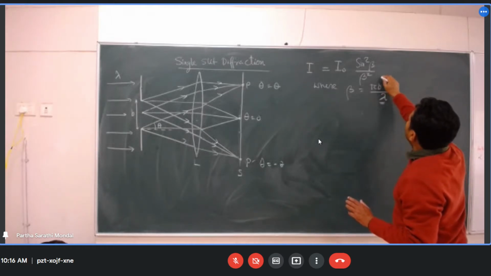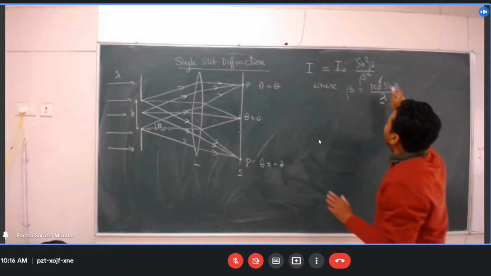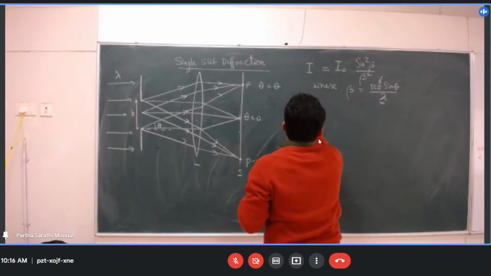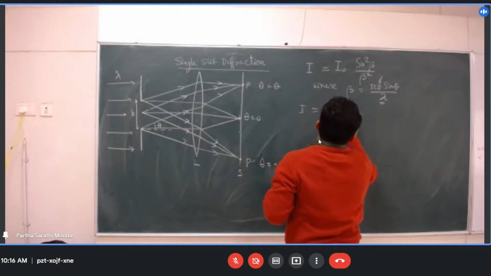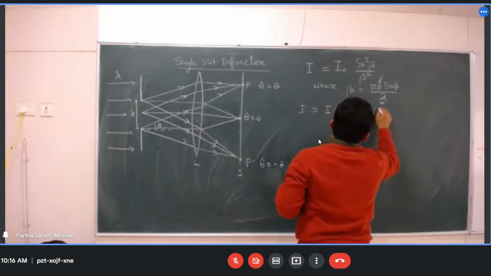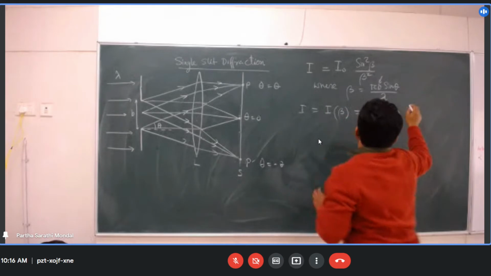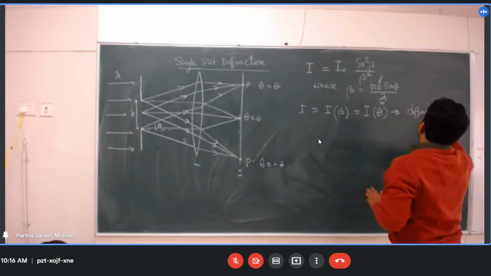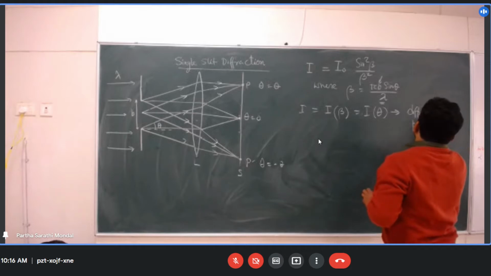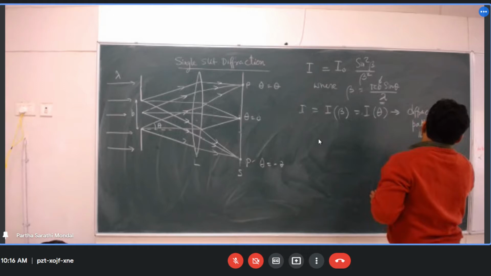So these are constant. So what is variable here? I is a function of beta, which is a function of theta. This will give you the diffraction pattern on the screen.